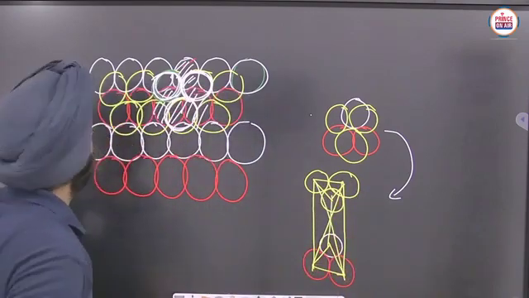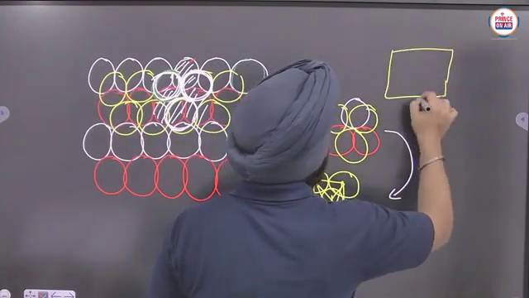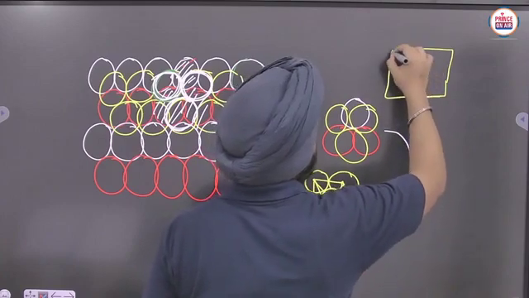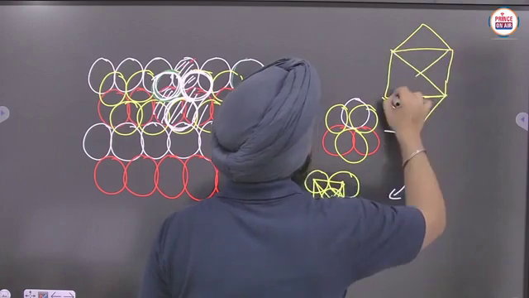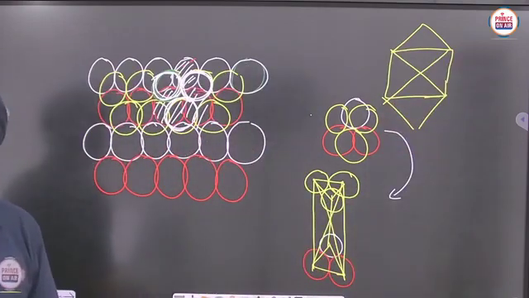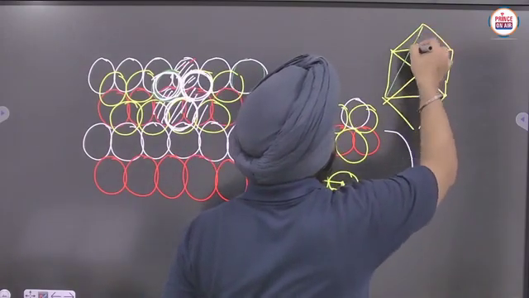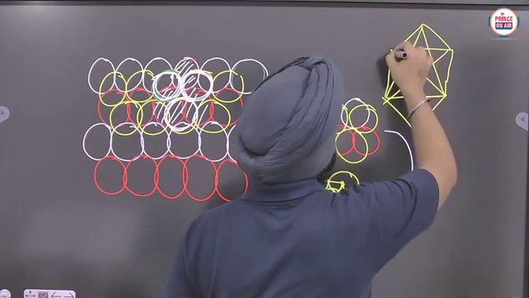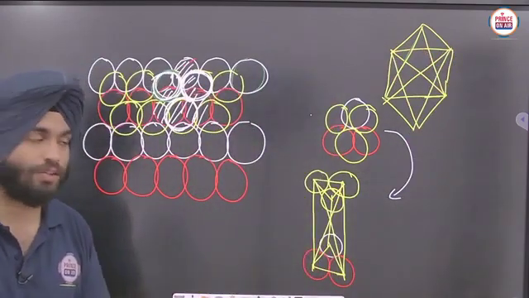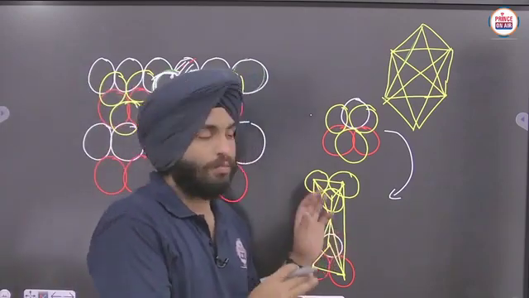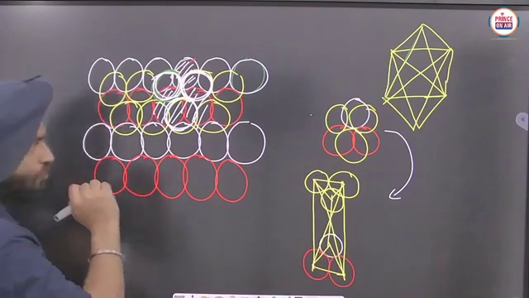Means in this way you can say, here I can make it properly. Clear? Now it looks like a different form. So it's an octahedral shape that will be made here. If you are placing in opposite forms, like here I can show you.